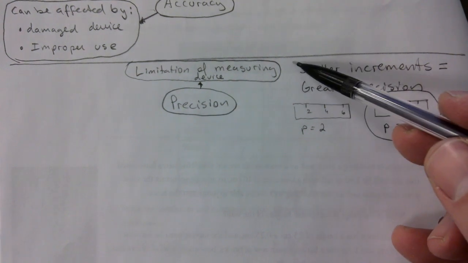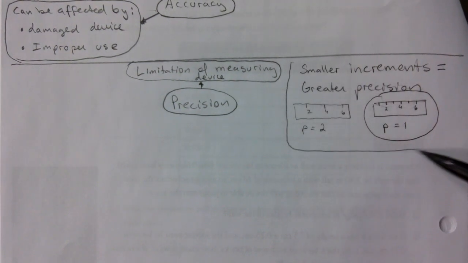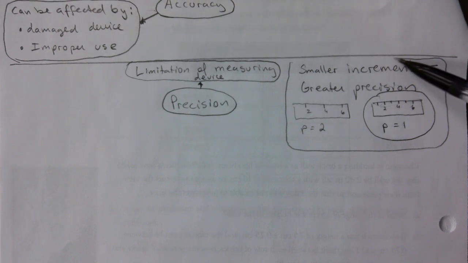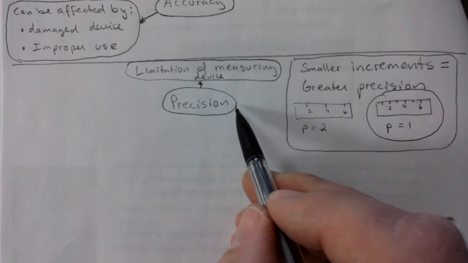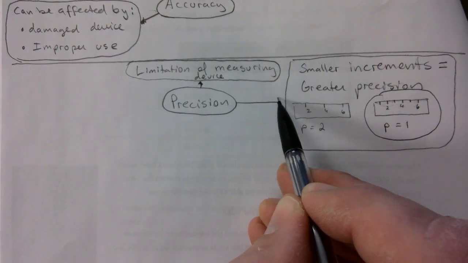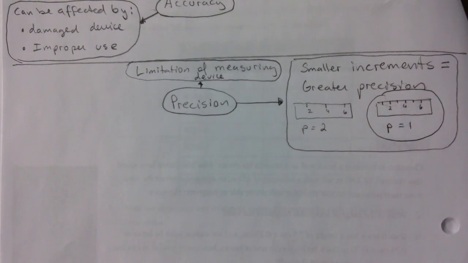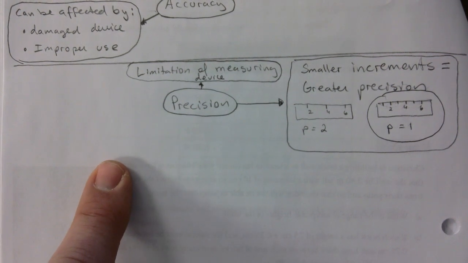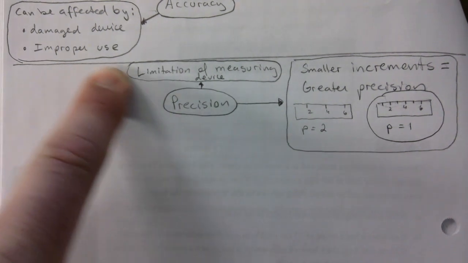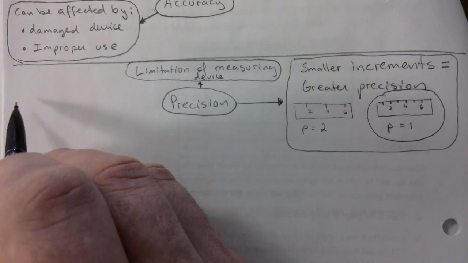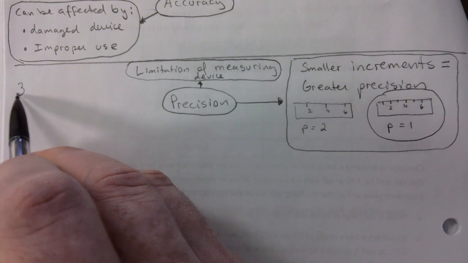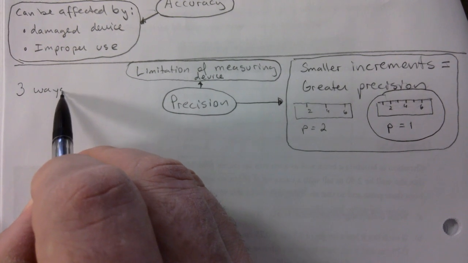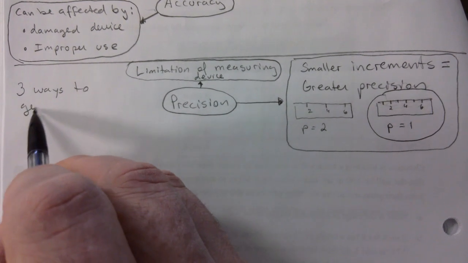So I will box this whole thing in. It's kind of like a standalone concept. But you can go off of precision and point to it. Off on this side here, I will tell you that there's 3 ways to get precision.